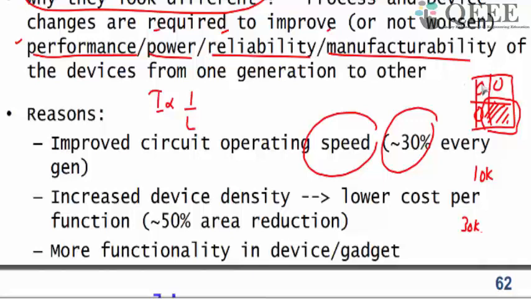If you look at cell phones, they were introduced in the early to mid 80s or so. Earlier, the only purpose of cell phones was to make calls. So what do we have now? In your cell phone you have a camera, you have GPS, and there are a lot of things you can do with your cell phone.